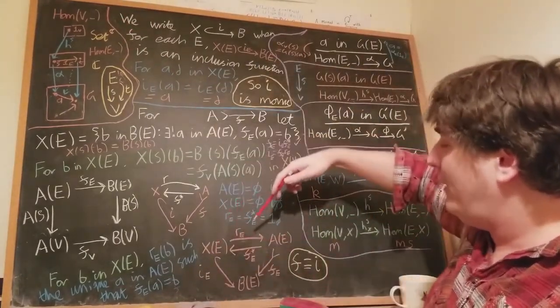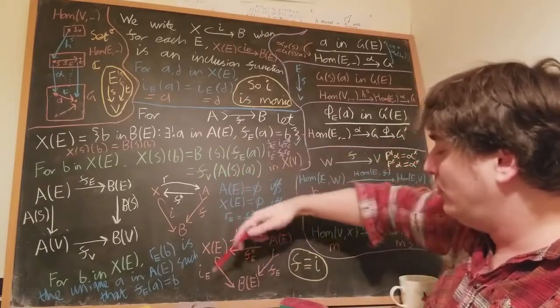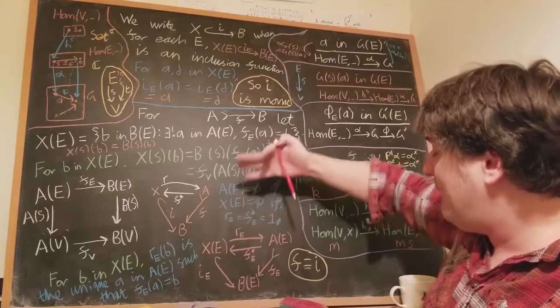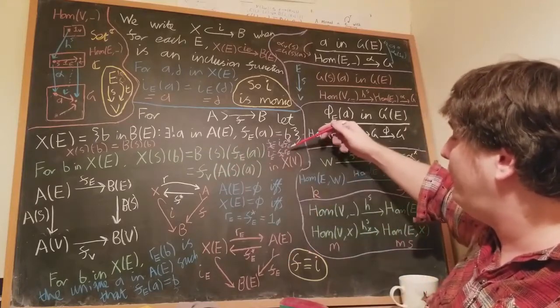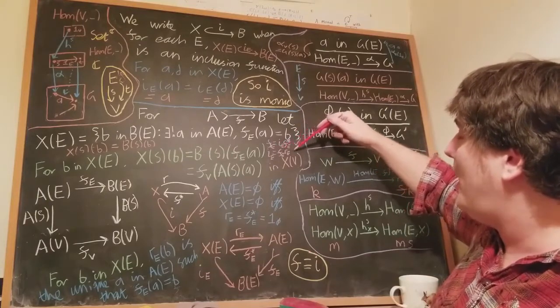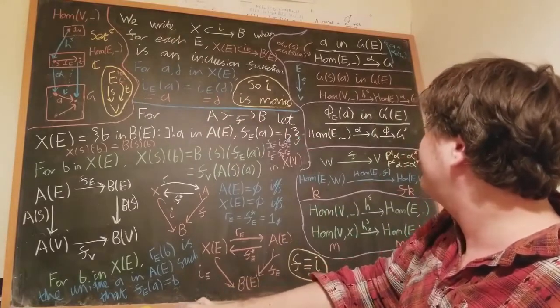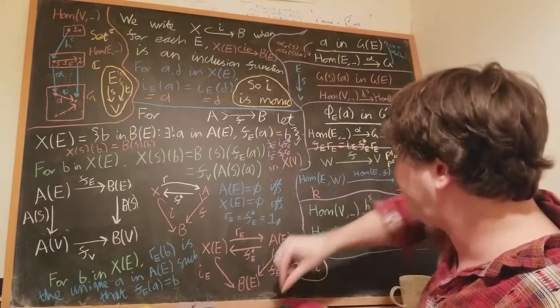So given this R defined in this way, how can we show that this triangle commutes the other way around that we needed to? How can we show that this equation holds: I of E equals f of E after R of E for an object E of this category C?